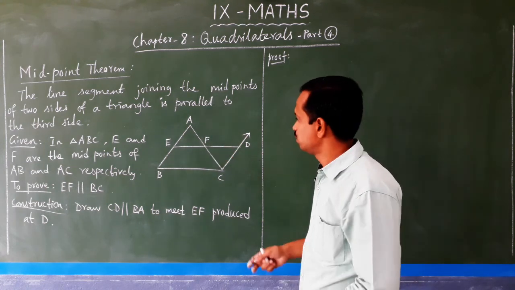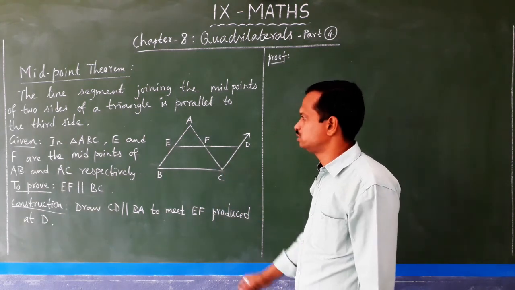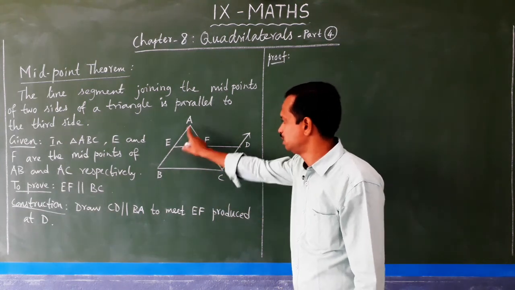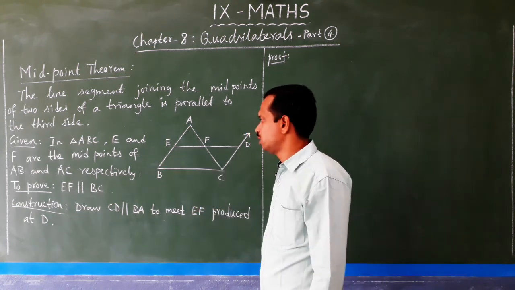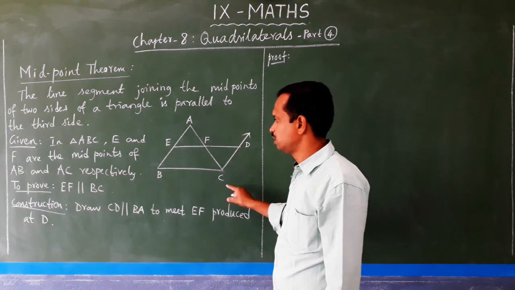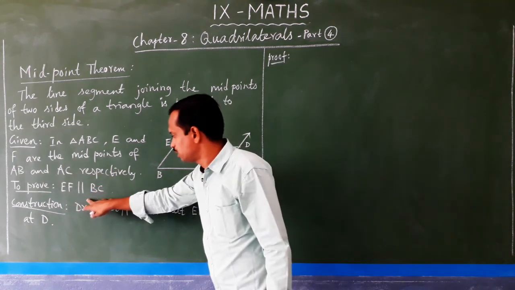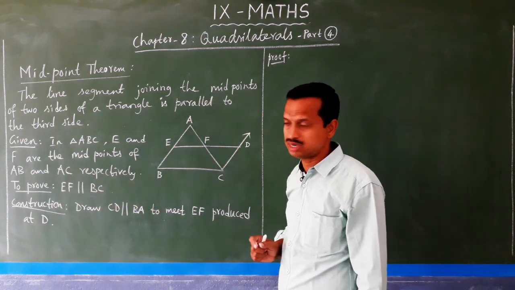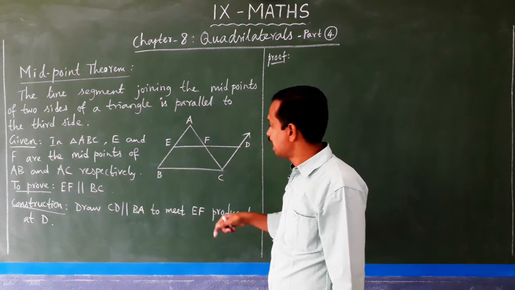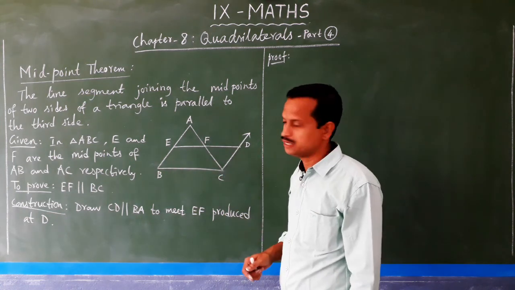That is the meaning of the statement. Again, the line segment joining the midpoints of two sides of a triangle is parallel to the third side. Let us consider this diagram. Given: in triangle ABC, E and F are the midpoints of AB and AC respectively. To prove: EF is parallel to BC.